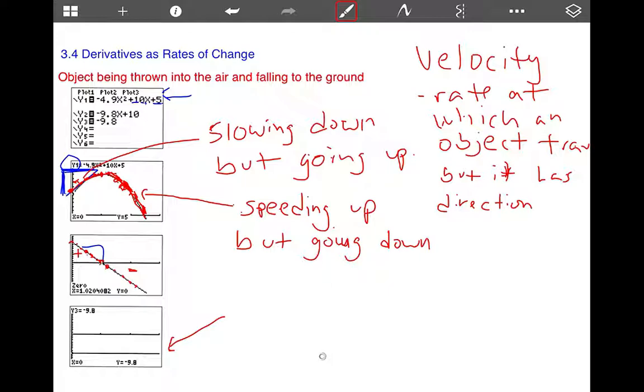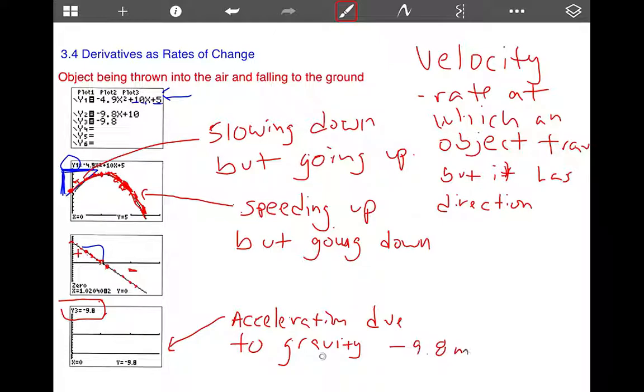And if you're in physics, this number should look very familiar to you, because that number is represented as acceleration due to gravity, at negative 9.8 meters per second squared. So I want you to notice something here, that my acceleration is negative.